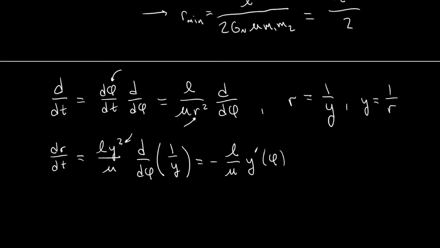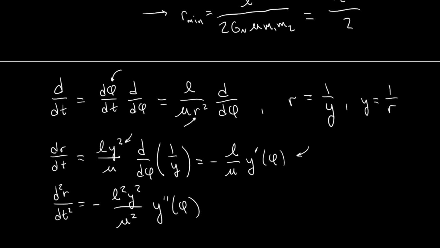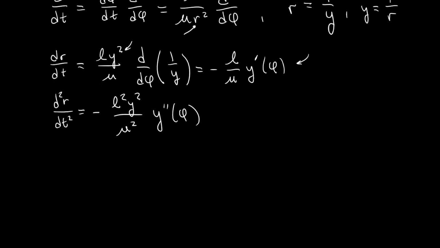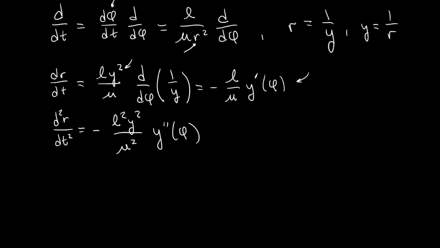So now I take a second derivative, so then d2r dt squared. This is just a time derivative of this stuff. And when I do all of this nonsense again, I get something like L squared y squared over mu squared times y double prime of phi. And now you'll see why we're actually doing this, and it's because it makes the differential equation much, much, much simpler.